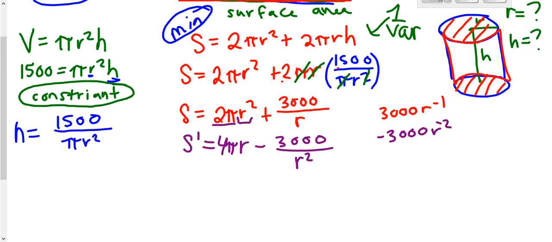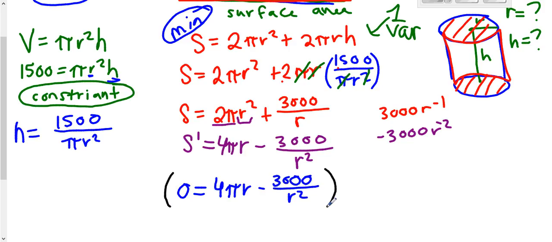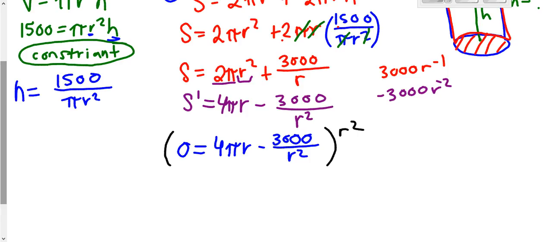From here, we need to find our critical values. So 0 equals 4 pi r minus 3,000 over r squared. Right now, this would be a little bit difficult to solve for r because r squared is in the bottom. If you want to get rid of a fraction, multiply by what's on the bottom. That r squared is making the fraction, so we'll multiply by that. 0 times r squared is just 0. 4 pi r times r squared is 4 pi r cubed.